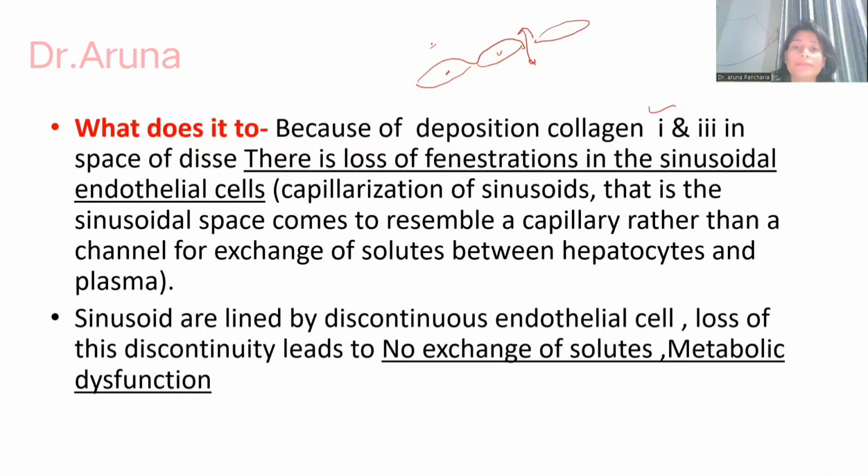But when type 1 and type 3 collagens are there, with proliferation of stellate cells, more and more fibrosis is there. Because of this fibrosis, there is a loss of the fenestrations of these endothelial cells. This leads to no exchange of solutes between the sinusoids and the hepatocytes, so metabolic dysfunction is there.